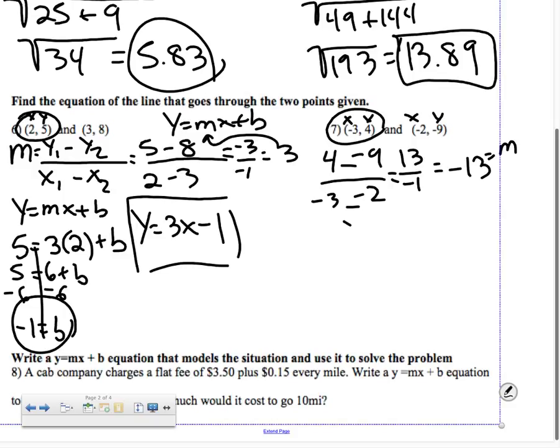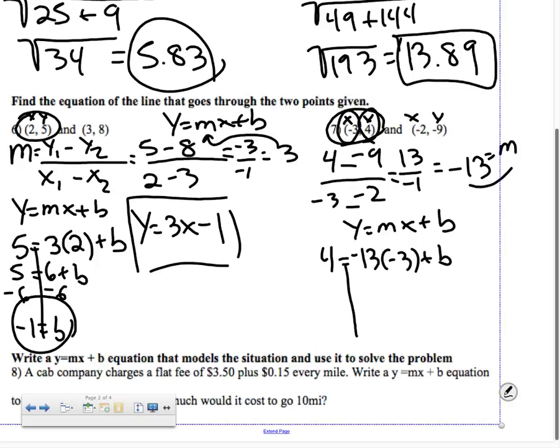So remember, I start with y equals mx plus b. Then I plug in my numbers. 4 is y, negative 13 is m, negative 3 is x, and then plus b. Again, I'm just plugging in this number for y, this number for x, and this number for m, all just what I found.